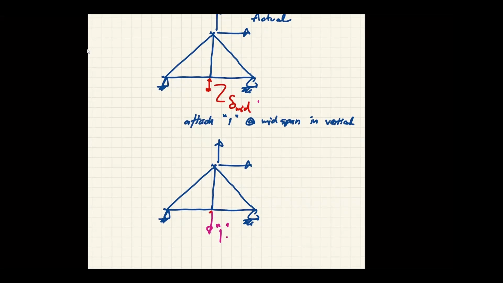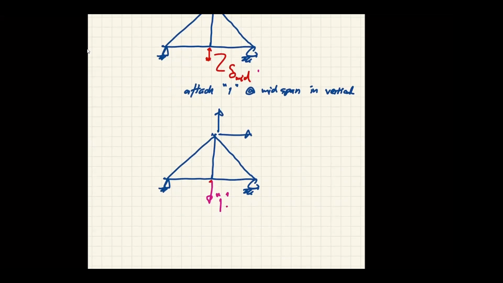Okay, so now I think the external work is out of the way. So let me recap it here somewhere. So the external work is clearly equal to this virtual load multiplied by this, sorry, the color is too similar, the midspan deflection. So that is the external work taken care of.